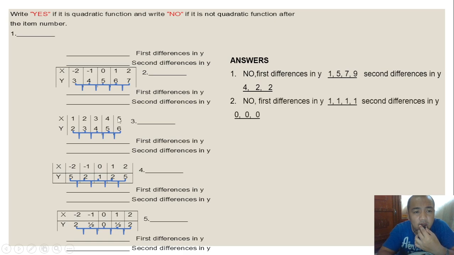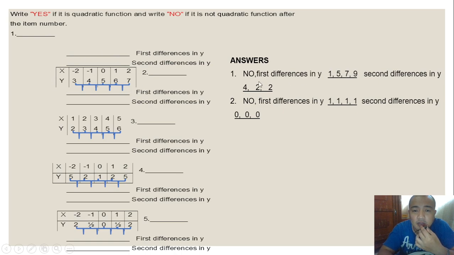Number 2, again no. Teka, kaya pala wala yung number 1 dito, nawawala. Okay, number 1 is missing here, so let's just skip number 1. The answer is no. But in this we'll start with number 2. The table for number 1 is missing, so let's just start with number 2.